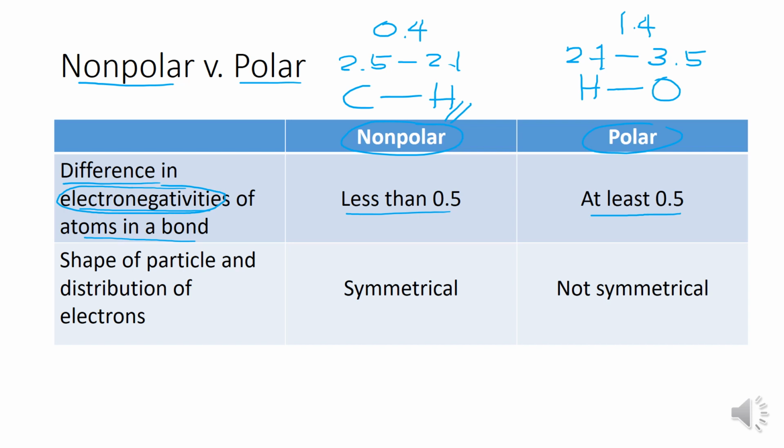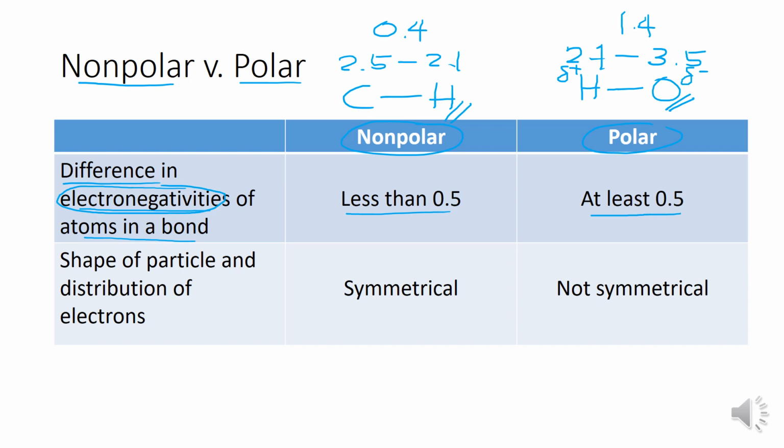Therefore, the hydrogen-oxygen bond is polar. Since oxygen has higher electronegativity, or a higher tendency to attract electrons, the end with the oxygen is partially negative and the end with the hydrogen is partially positive. So they have those partial charges.